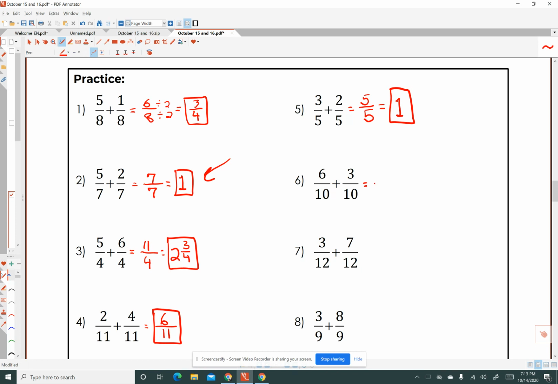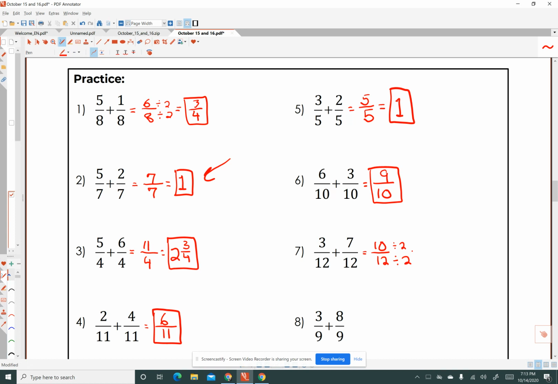Okay, now we have tenths as our denominator. 6 plus 3 is 9. We cannot simplify that, so our final answer is 9 tenths. Here we're working with twelfths in the denominator. 7 plus 3 is 10, and we see that both 10 and 12 are divisible by 2.